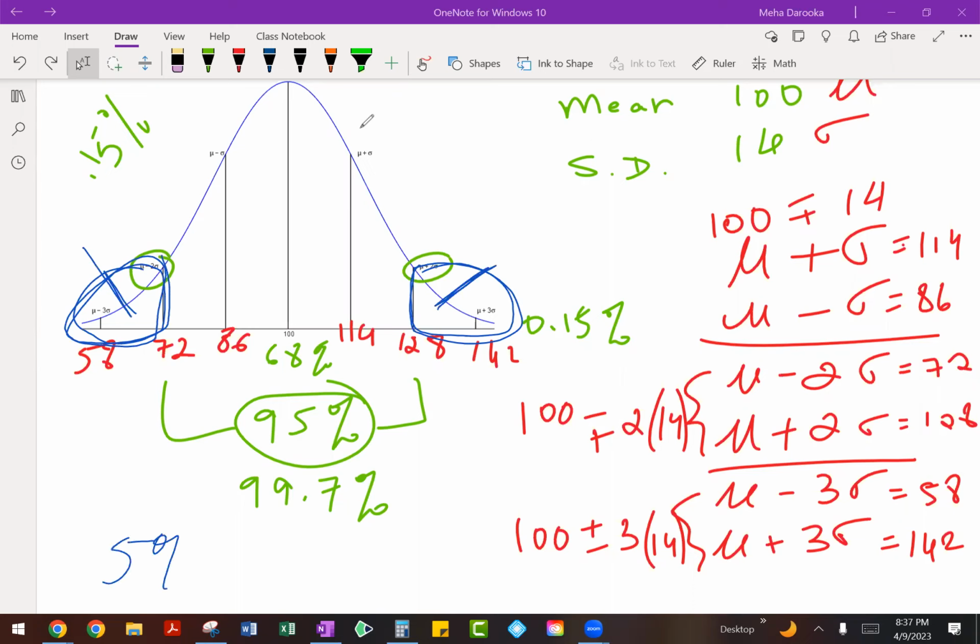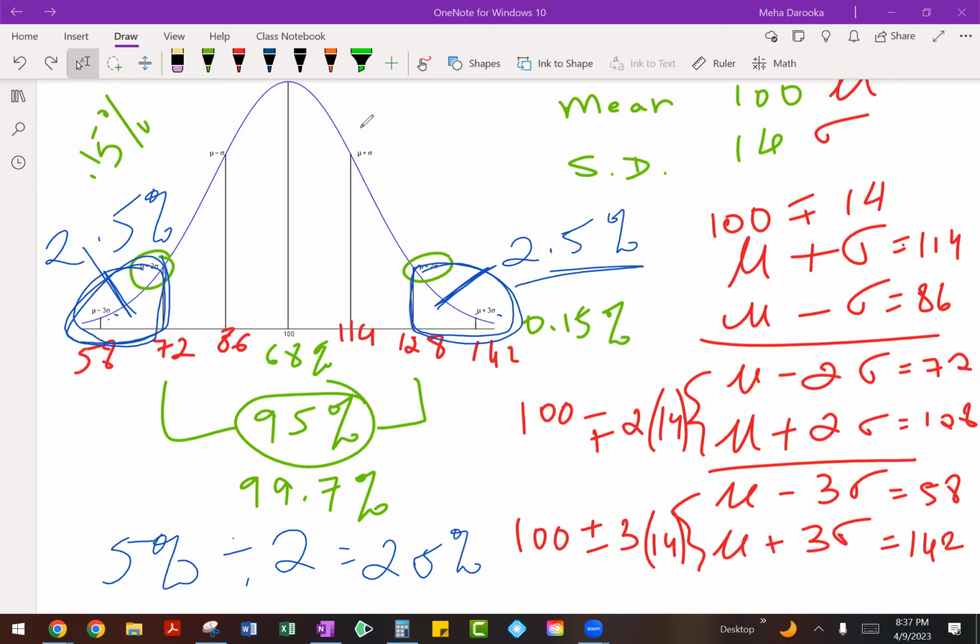So if 5% of the people are for both of these sides, then of course you just take its half, right? Divide that by 2 and you will get 2.5%. So that tells you 2.5% of the people fall in the category of greater than 128, and 2.5% fall into the category of less than 72. So right now they are only interested in greater than 128. So that's going to be your 2.5%.